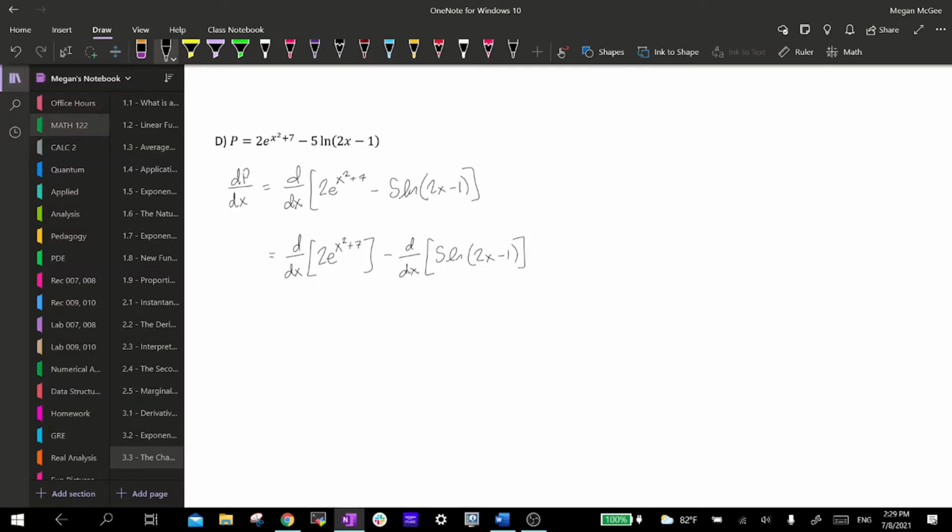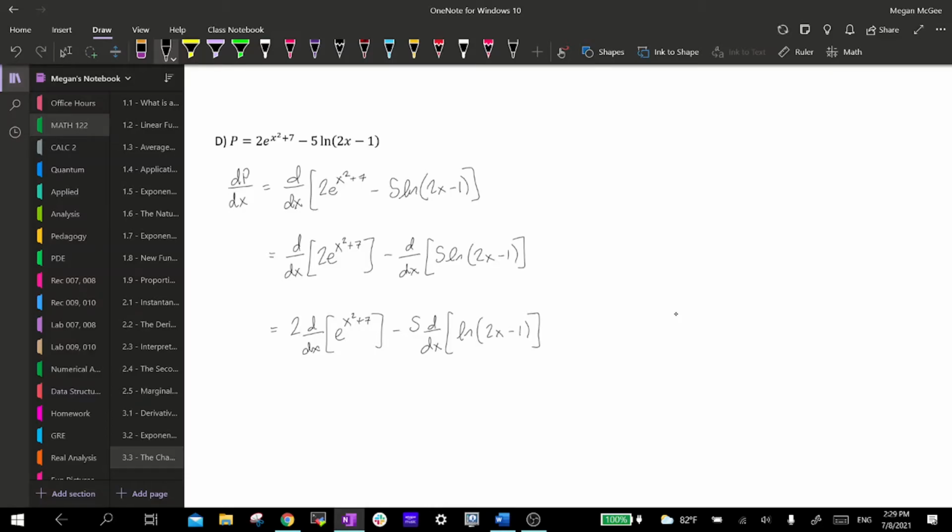Then for both of these, we can use our constant multiple rule. So the 2 comes out front. We have 2 times the derivative of e^(x squared plus 7), minus 5 times the derivative of the natural log of (2x minus 1).